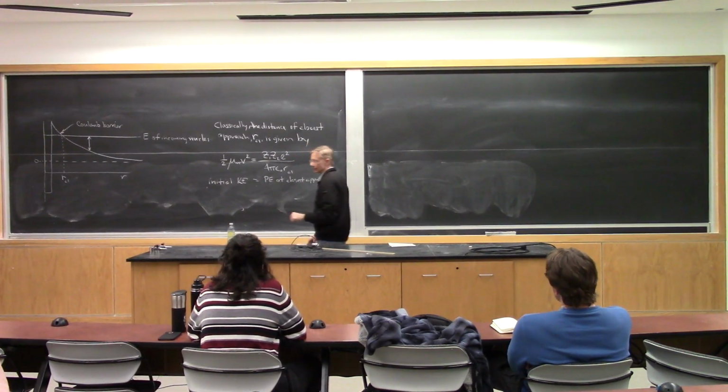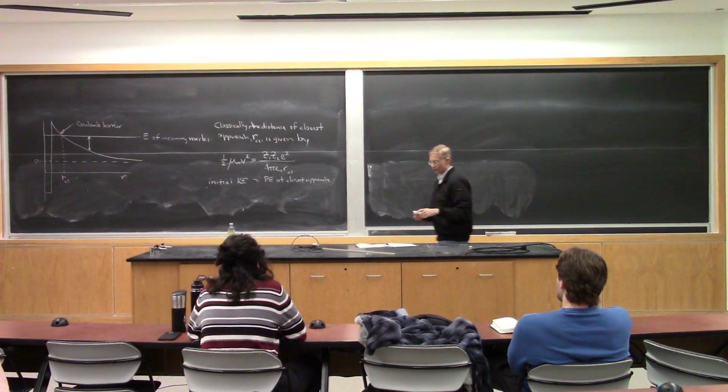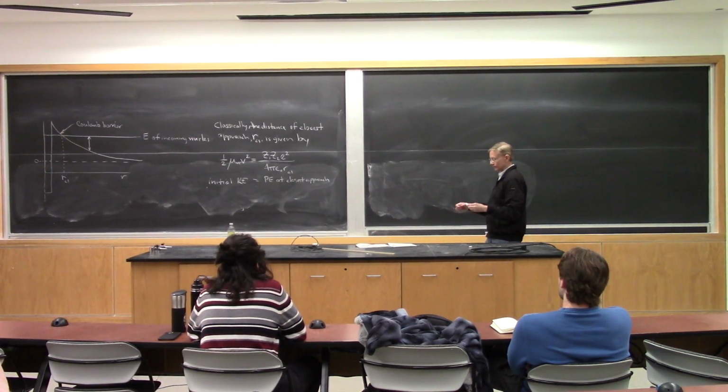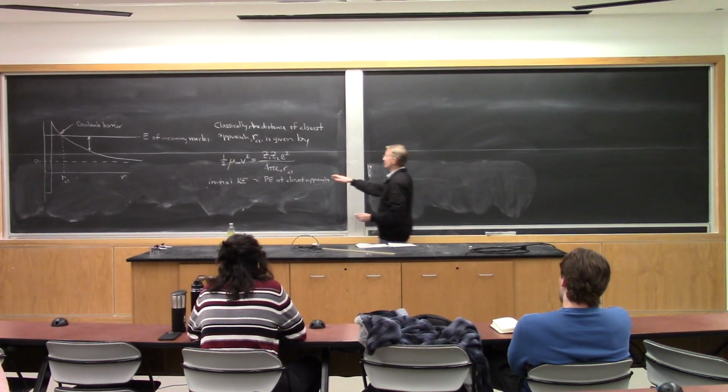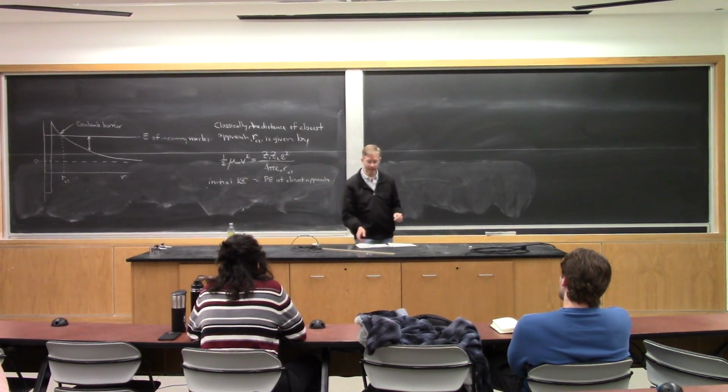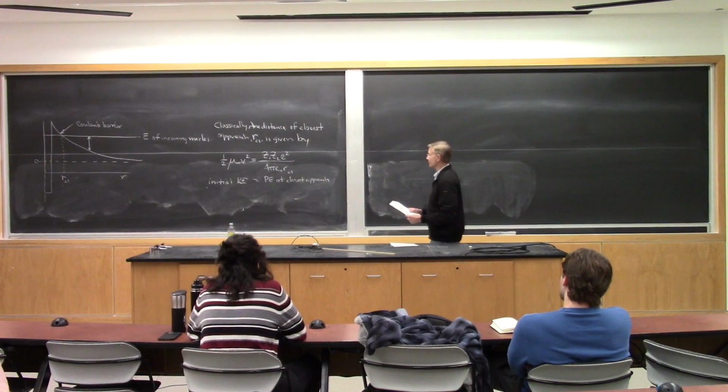Coming in, they've got zero potential energy, it's all kinetic energy. At closest approach, the energy is all potential energy because the kinetic energy has gone to zero, and so that's our condition, so we can figure out what R classical is in terms of v, et cetera.